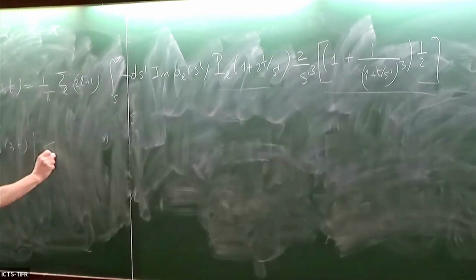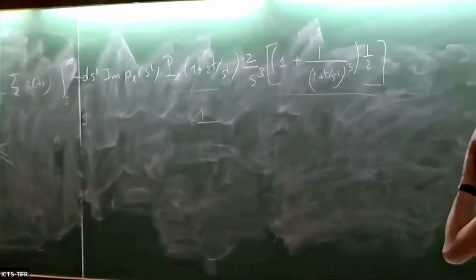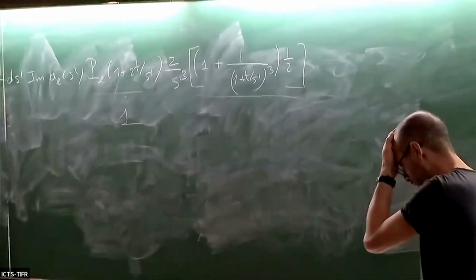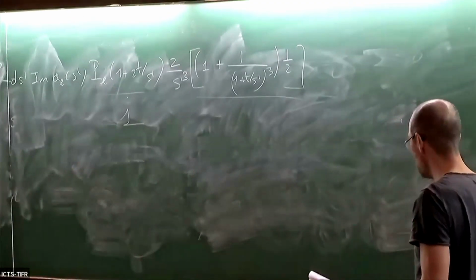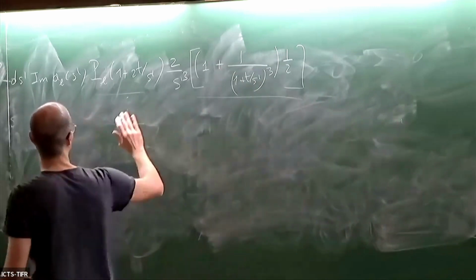So the modulus for arc 0 S t is bounded by setting this monotonically, so monotonically decreasing it gets the largest value at s prime equal s, so I can pull it out at that value.